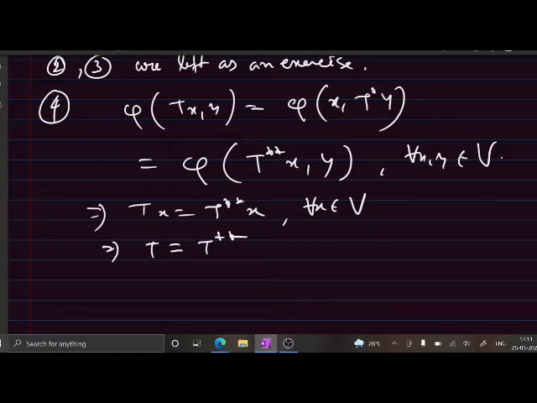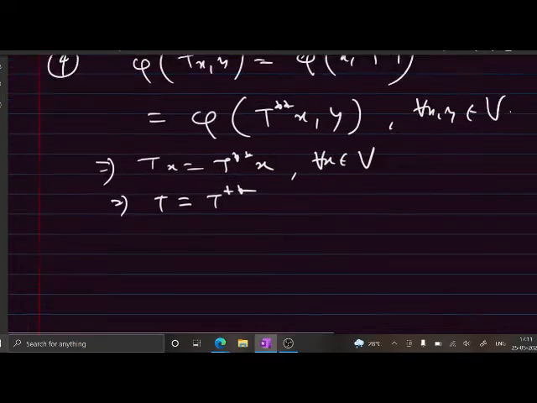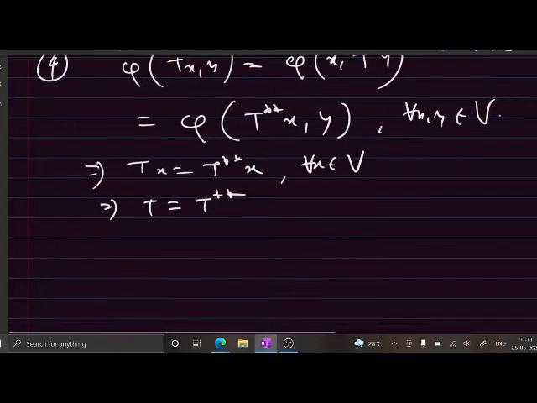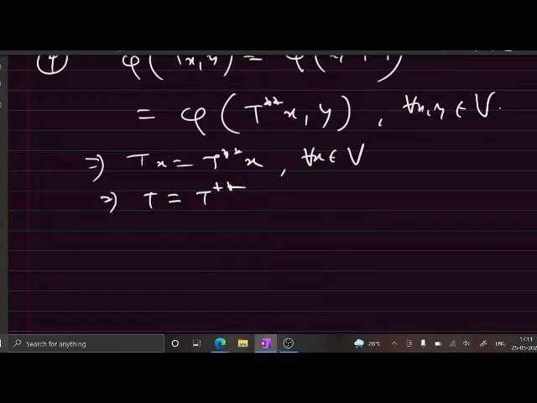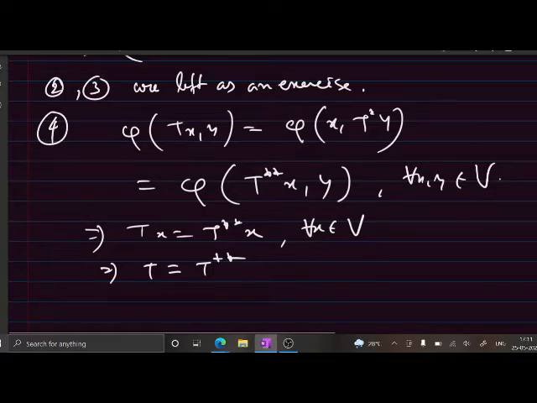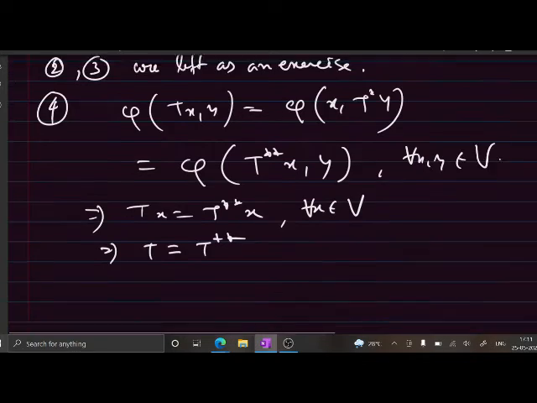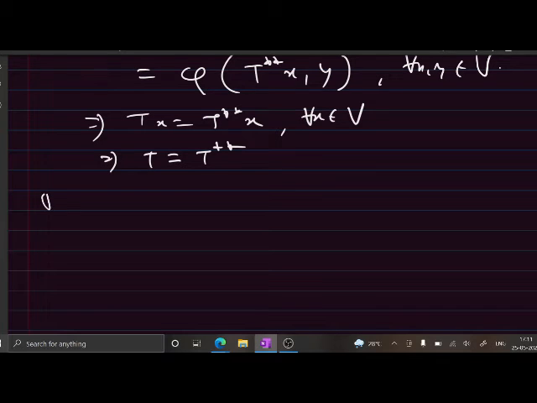Now we are looking for the linear maps having adjoints which is a linear map itself, and they are called self adjoints.